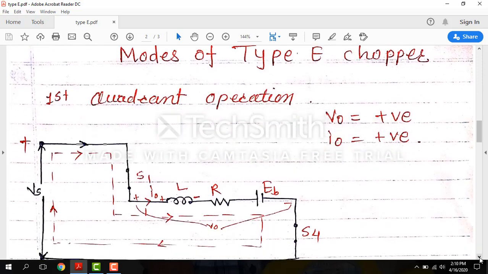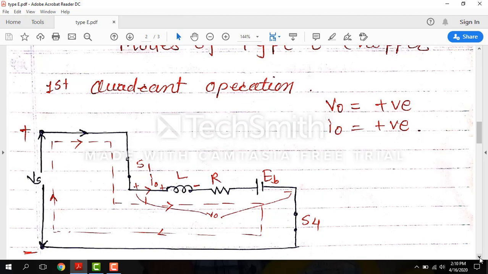This is the equivalent circuit for first quadrant operation. Here switches S1 and S4 are turned on. So S1 is closed and S4 is closed, and the supply voltage is connected over here.